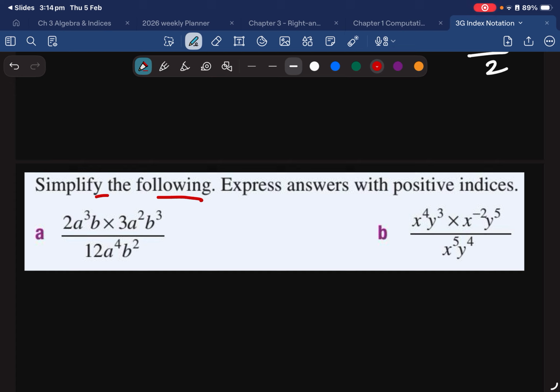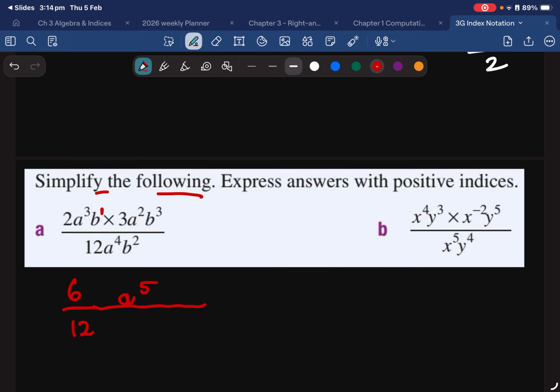Alright, let's go again. 2 times 3 is 6 over 12. Just using my numbers. Then I got 3 a's and 2 a's. So I got a, 3 plus 2 makes 5. I'm just doing the top line. And then b, so I got 1 b plus 3 more makes b to the power of 4.